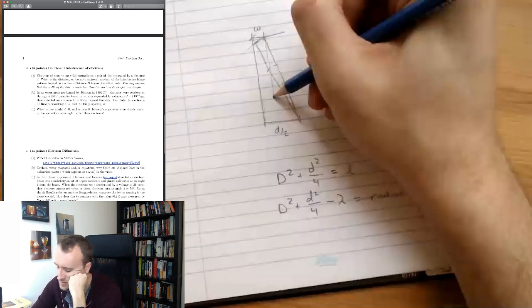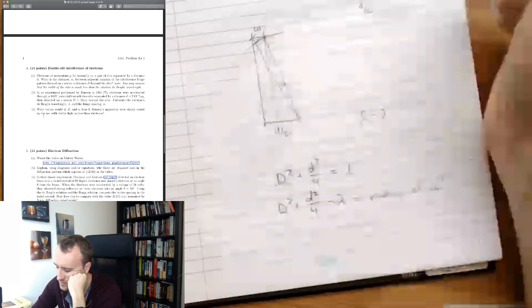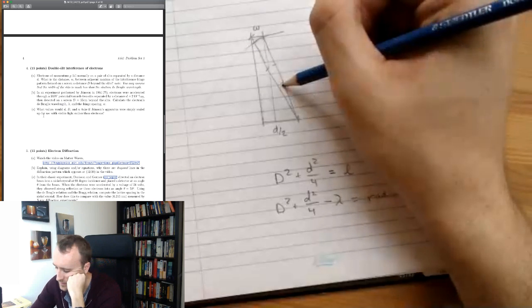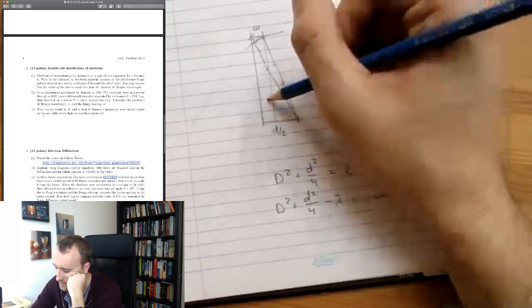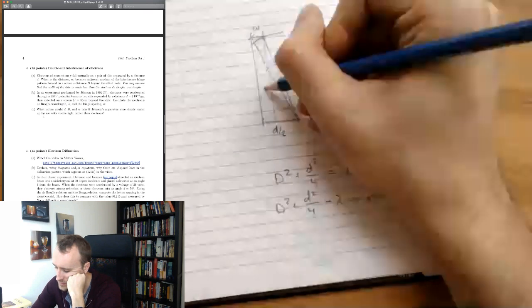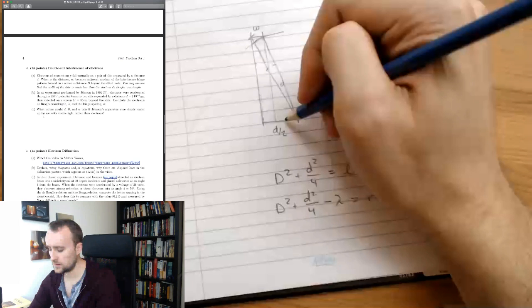Presumably we know what this is if we can just solve it this way, though. I don't think I need a circle. So we know what this is. It's this minus omega. So this hasn't changed. This distance is still d.